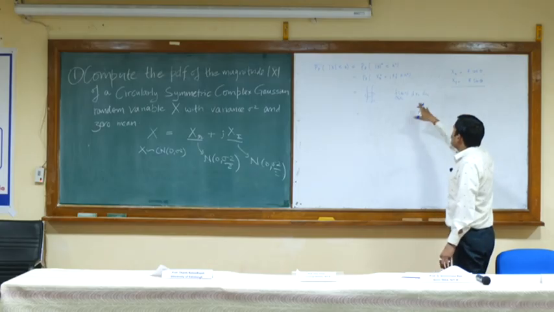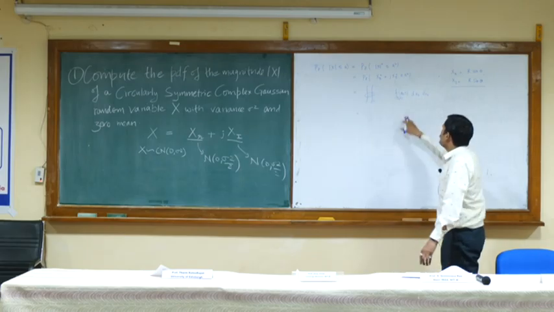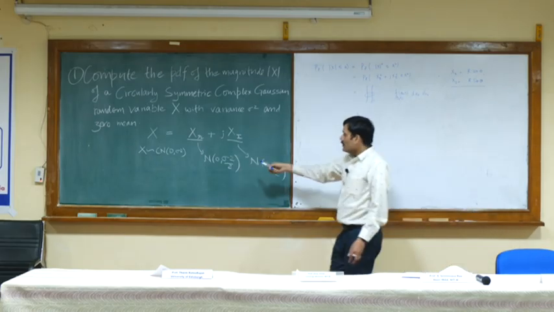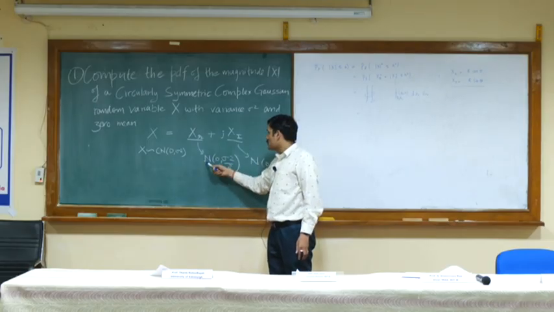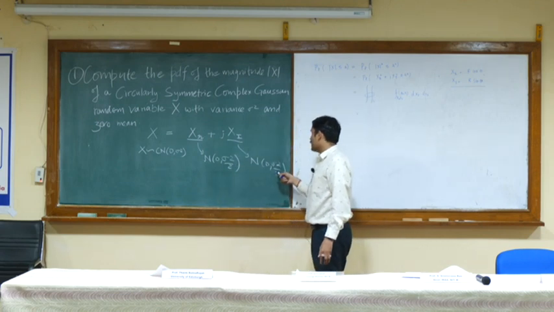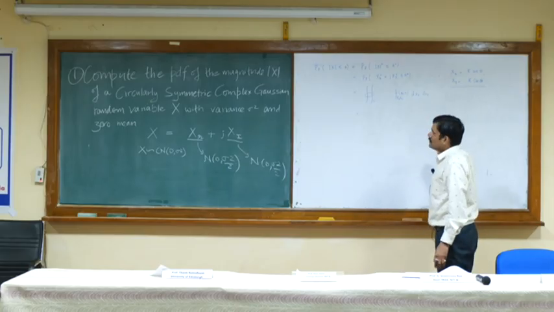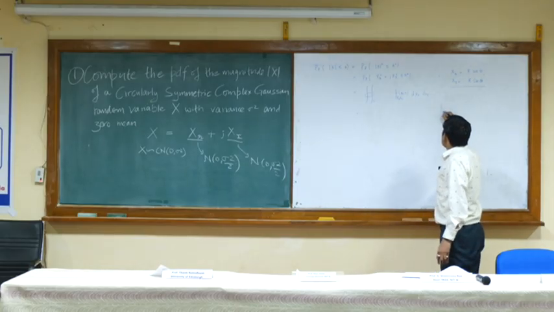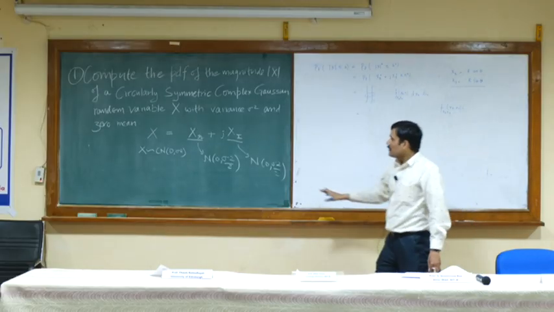So now we will do this substitution and put this value. What is f here? f of xr, xi. As we have already seen, these are Gaussian distributed with 0 mean and sigma square divided by 2, and this is also 0 mean with sigma square divided by 2. So f(xr, xi) will be the multiplication of these two.